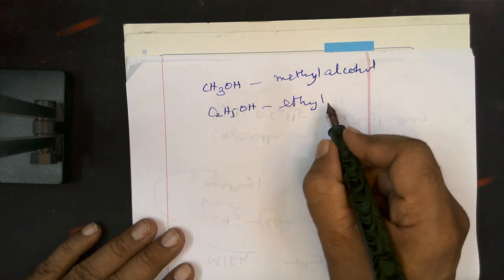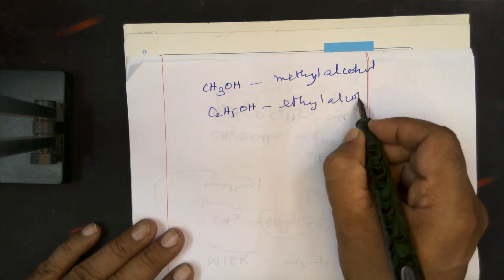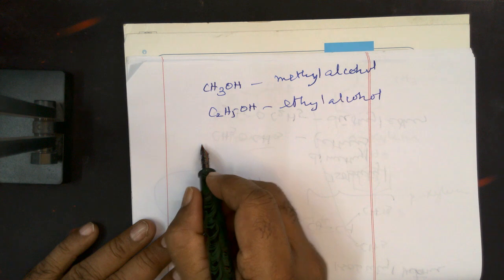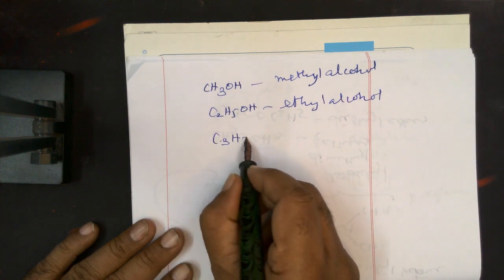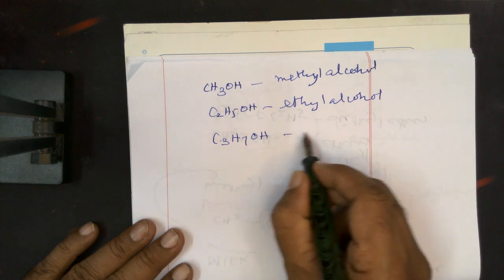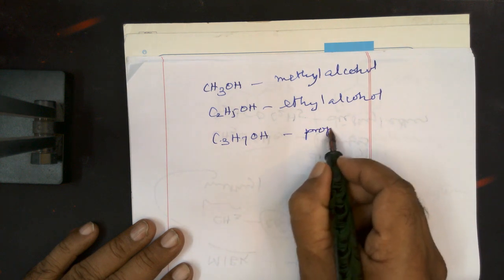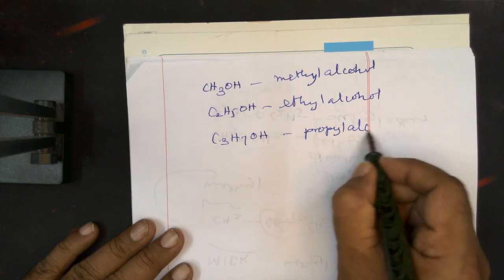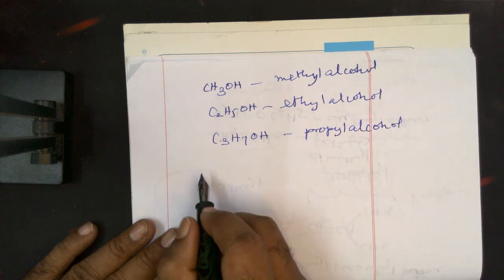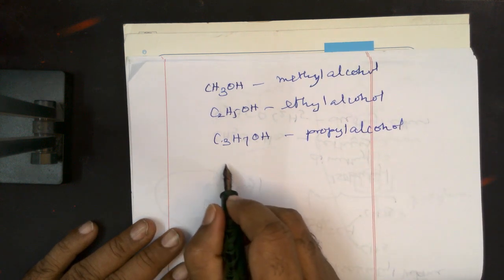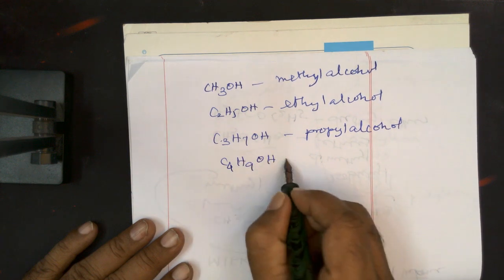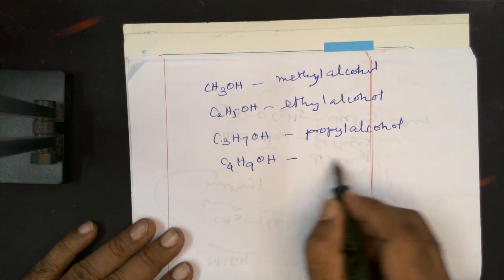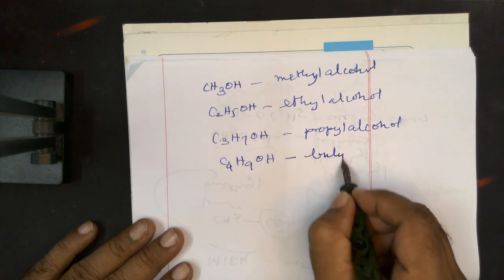This is called the spirit. And you have propanol, that is propyl alcohol, C3H7OH. You have butanol, that is C4H9OH. This is the solvent frequently asked for in resin industries, butanol or butyl alcohol.